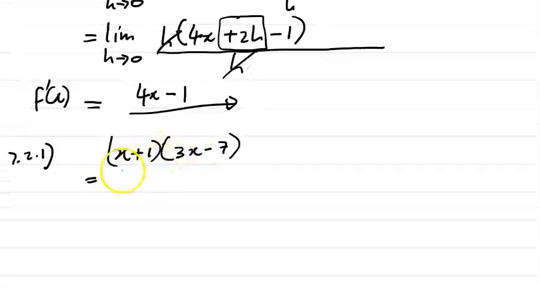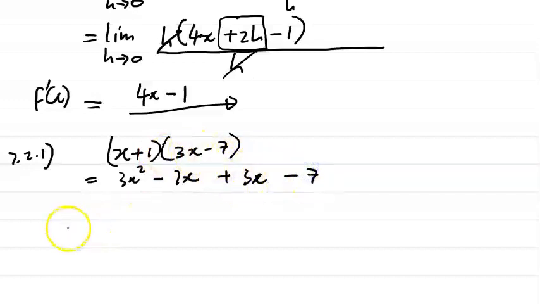So we've got a binomial times a binomial. x times 3x is 3x squared. That'll be minus 7x plus 3x and negative 7. Let's simplify. 3x squared, that'll be minus 4x minus 7.